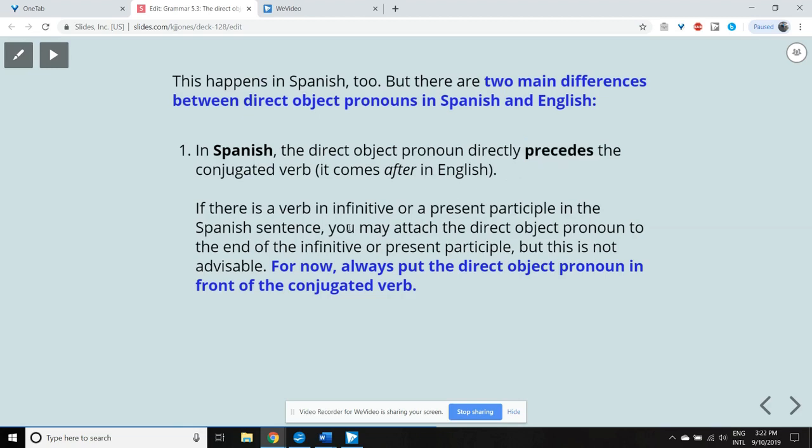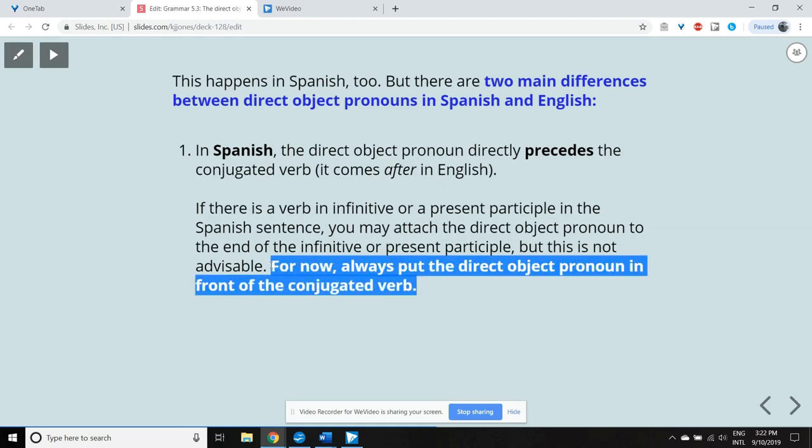Now, if there is a verb in infinitive or a present participle, it's a gerund, we're going to see those in capítulo 6. In the Spanish sentence, you can attach the direct object pronoun to the end of the infinitive or the present participle, but this is not advisable for our purposes in this course. For now, always put the direct object pronoun directly in front of the conjugated verb. It will never be wrong when you put it there, okay?